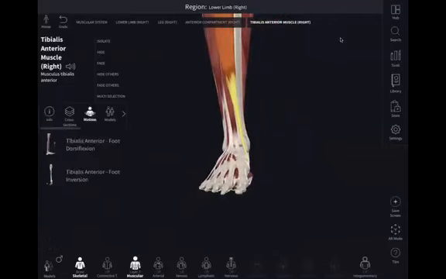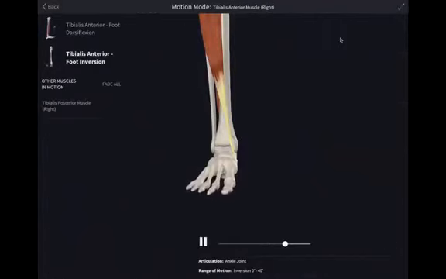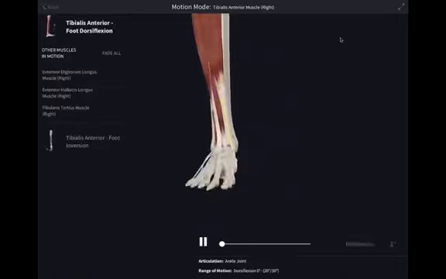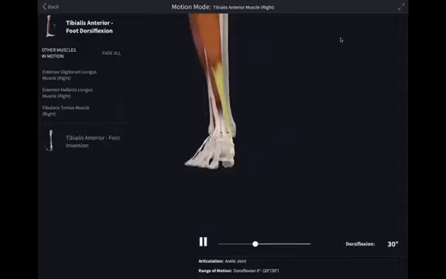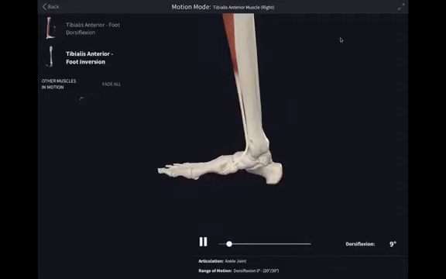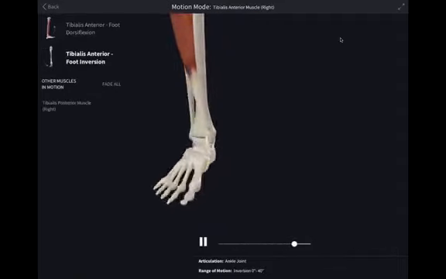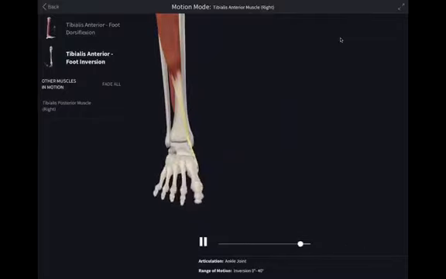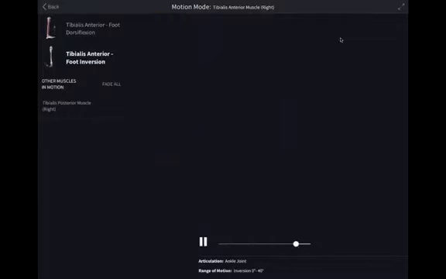Let's see the movement. Tibialis anterior has two movements: one is inversion, and the other is dorsiflexion. Clear? Yes, sir. This is the dorsiflexion and this is the inversion.